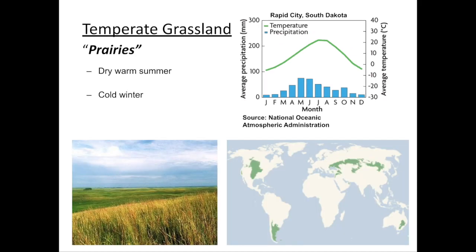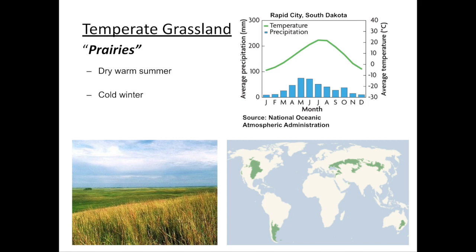And then the temperate grasslands, the prairies, usually have dry, warm summers and cold winters. So there's a cycle of rain, a cycle of temperature fluctuation, where the Great Plains in North America, the central part of North America in Canada and the United States, Kansas, Saskatchewan, those are going to have prairies, very few trees growing there.